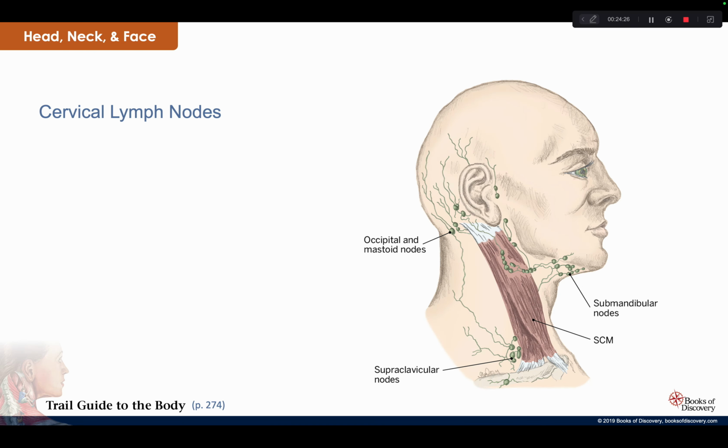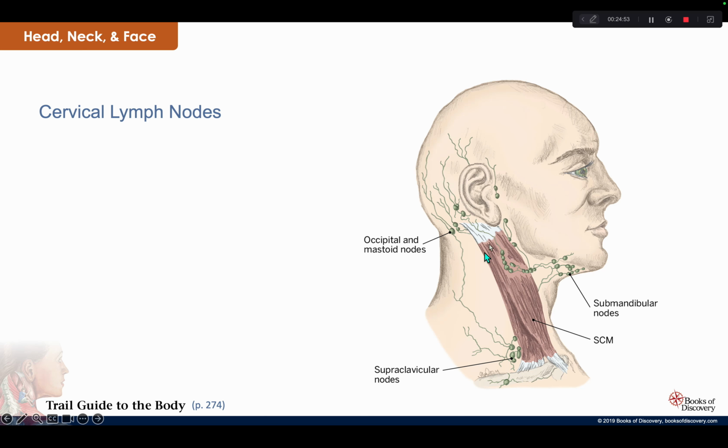All right, so your head also has some lymph nodes. You've got lymph nodes everywhere, but here are some common lymph nodes in the head and the neck. Your occipital and mastoid nodes are around that mastoid process in your occipital region. Your submandibular nodes are right under your chin; you can feel them, and that's where doctors are feeling.